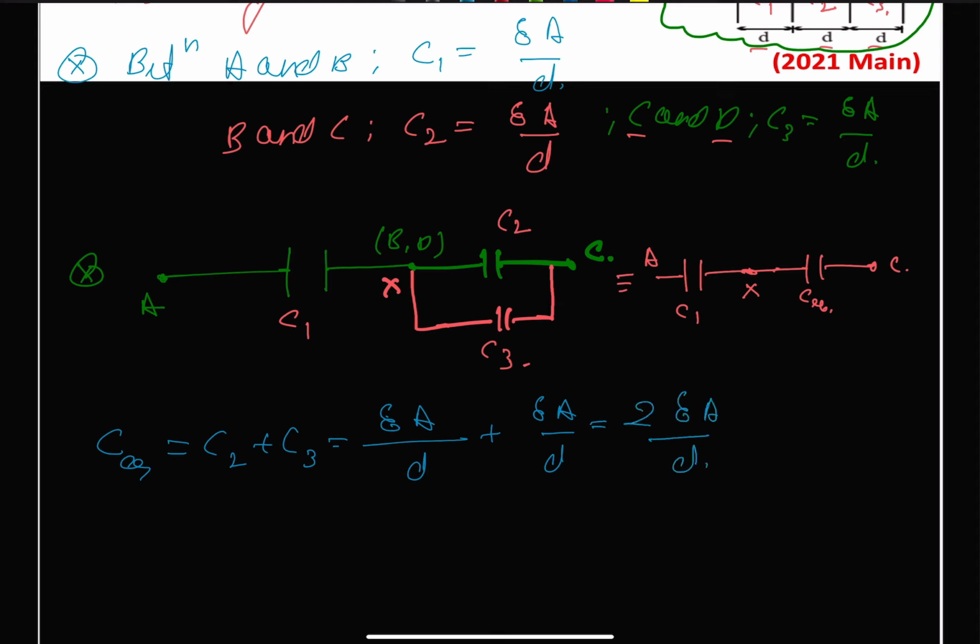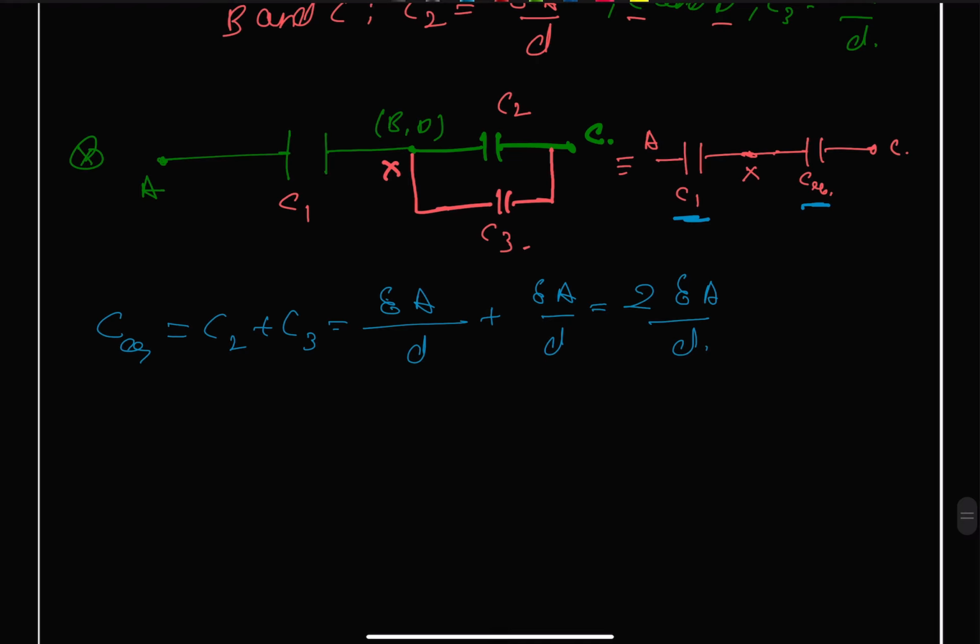And this C1 and C equivalent are in series. This is point A and this is point C. Let us call this equivalent capacitance C equivalent prime, and this one normal.